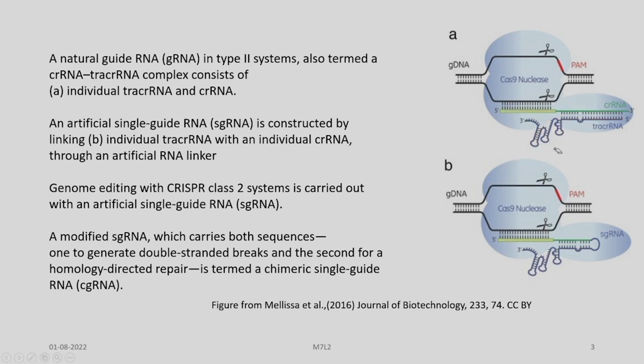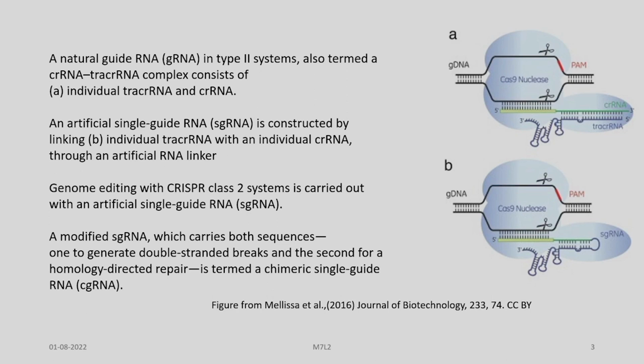So, in this natural guide RNA type 2 system, which is also termed the CRISPR RNA-tracrRNA complex, it consists of individual tracrRNA and CRISPR RNA along with a Cas9.